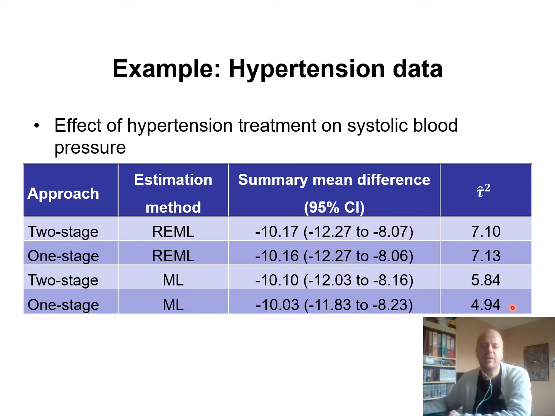Now the reason for that is that the maximum likelihood estimate in a 1-stage model is more downwardly biased than the maximum likelihood estimate in a 2-stage model. Because in a 1-stage model, you're estimating more parameters, and those more parameters lead to more downward bias. And hence you get 4.94 compared to 5.84, and they're both lower than these two.